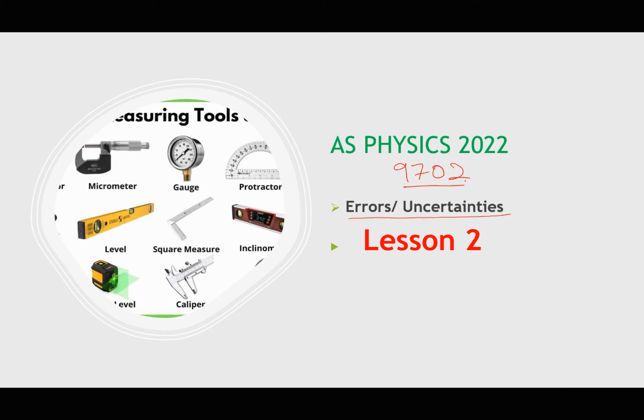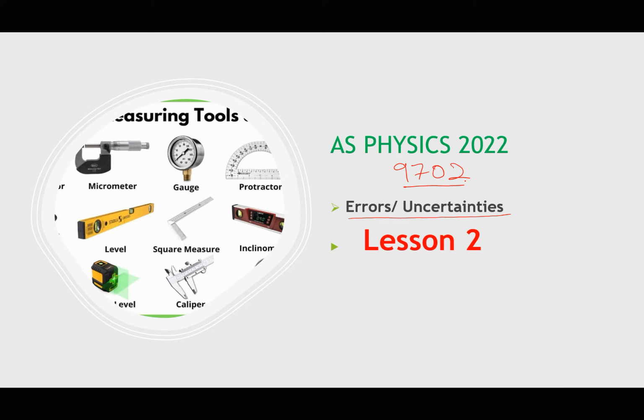and uncertainties. Having looked at the types of errors in the previous lesson where we explored the random errors and the systematic errors, recall from the previous lesson that we said a random error normally makes readings scatter about the true value. Yet a systematic error makes readings to be either above or below the true value by a constant amount.